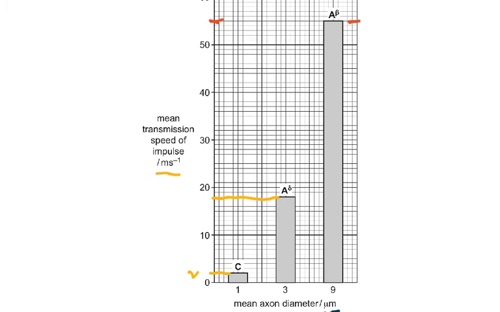And then you could give me some data comparison. You could give me, okay, in 1 micrometer diameter, 2 meters per second is the rate, while in 9 micrometer, the speed is 55 meters per second. So you give me a data quote and you got that.